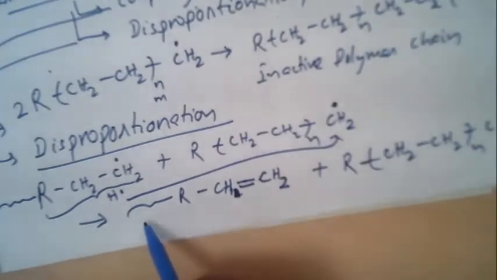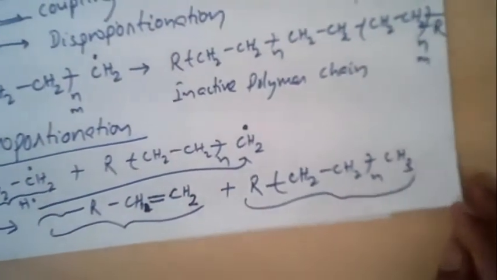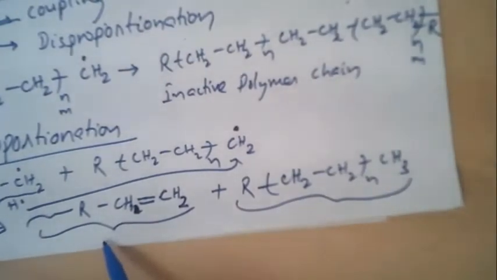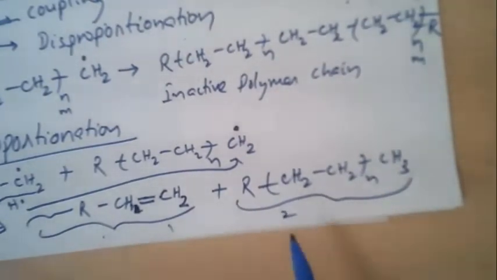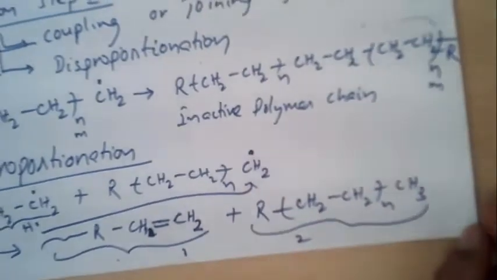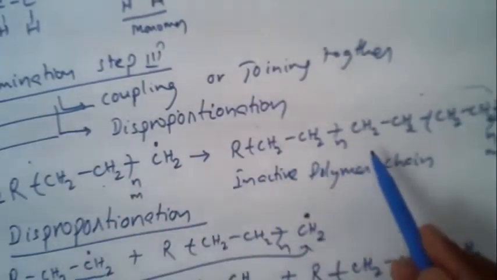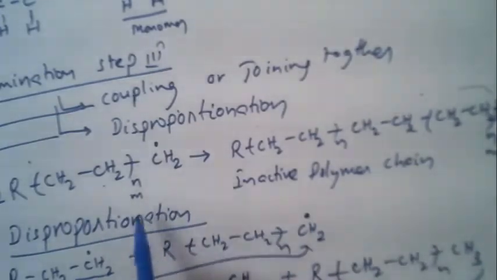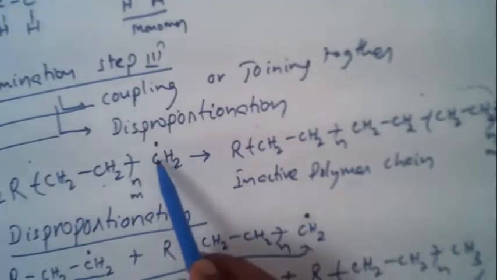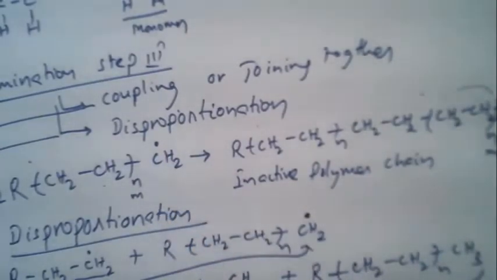So this is going to give now sort of two chains, right? Chain 1 and chain 2. So this is what is disproportionation reaction. In coupling, only the chain will be connected with each other to make this radical no longer reactive.